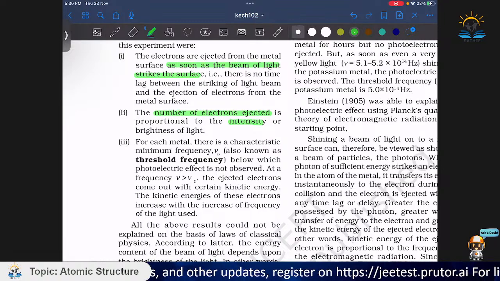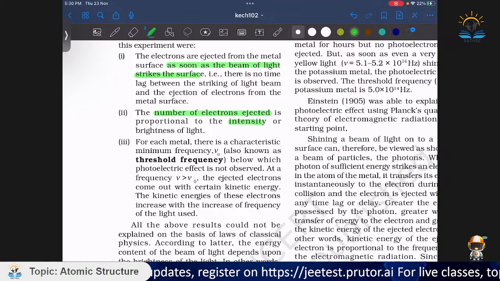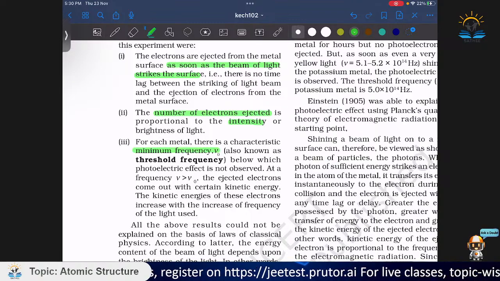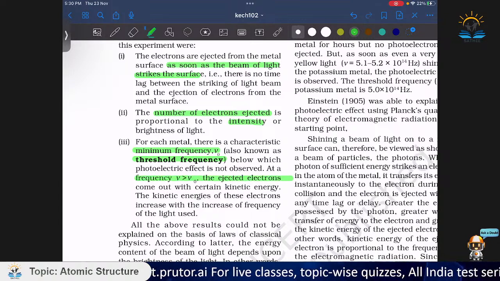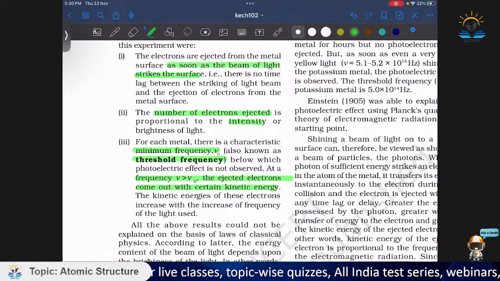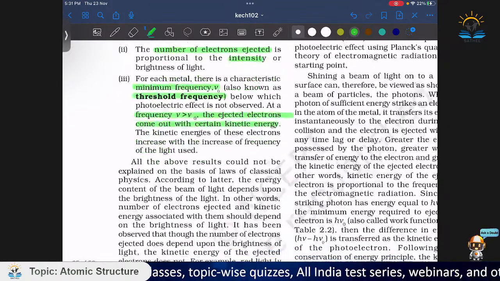The more intense the light is, the more electrons are ejected. But for each metal, there is a characteristic minimum frequency which the light must possess. This is the threshold frequency in order to eject the electron. At frequency higher than the threshold frequency, the ejected electrons come out with a certain kinetic energy. Kinetic energy increases with increase in frequency.